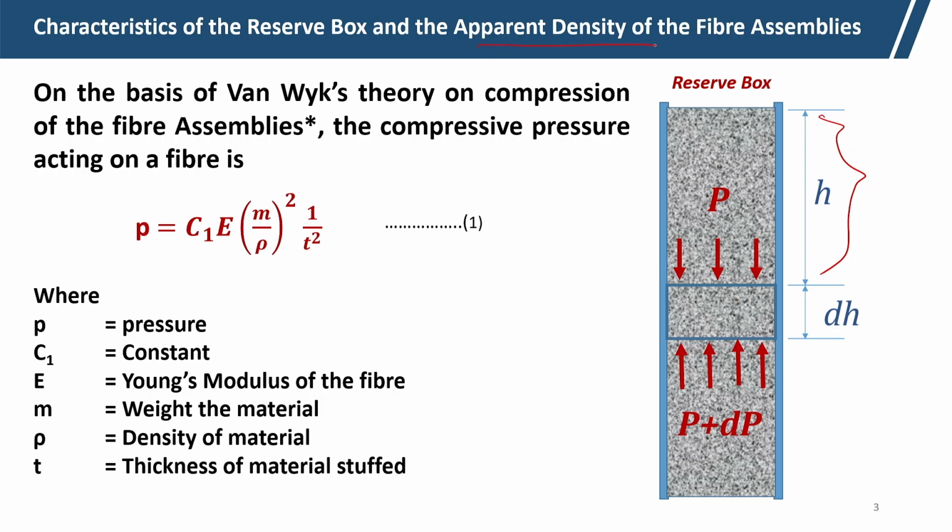So, apparent density will be higher at the lower portion than at the upper portion, considering their openness is the same.